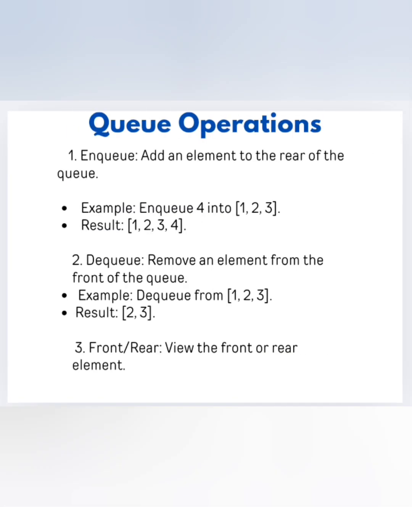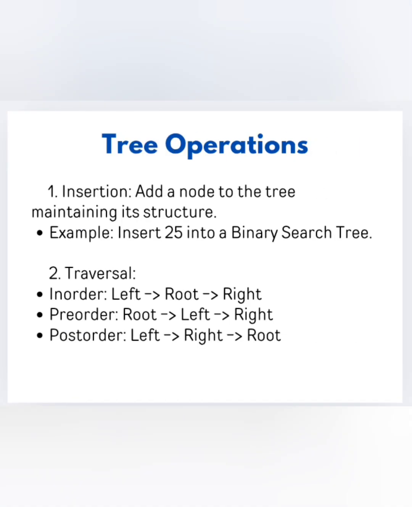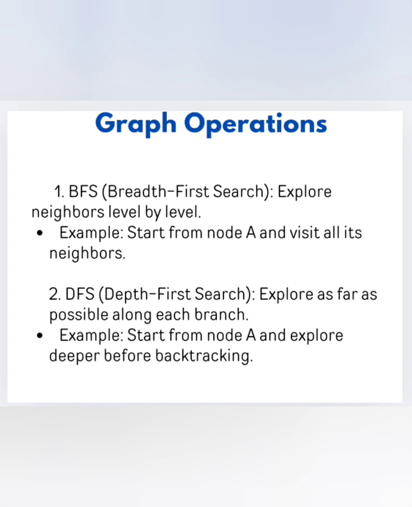Queue uses enqueue, dequeue, and front and rear. Tree uses insertion and traversal. Graph uses BFS and DFS. So in today's lecture we saw the basic data structures and their operations. Thank you.